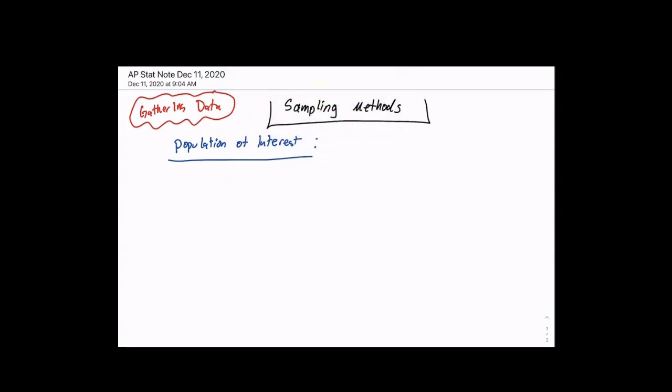With the population of interest being everyone slash thing who we are interested in finding a response from for our study.